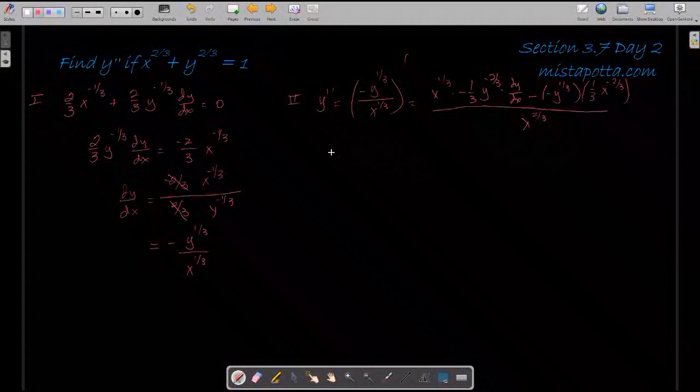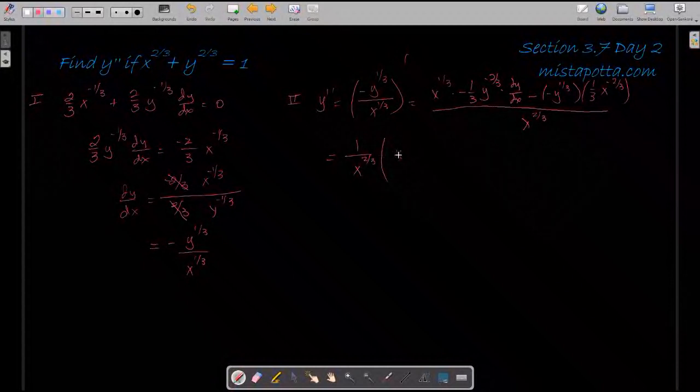And as I did before, I'm going to write that denominator in front, because I want to deal with the rest of this algebraically.